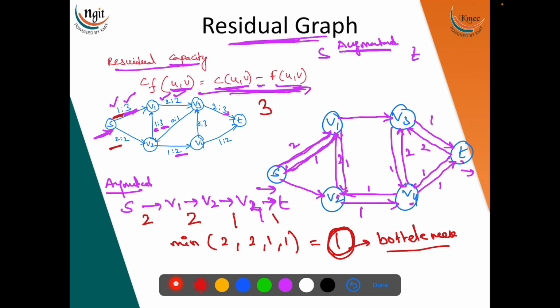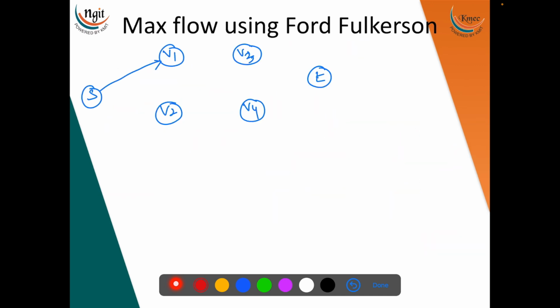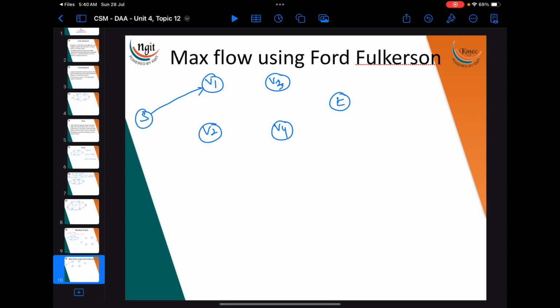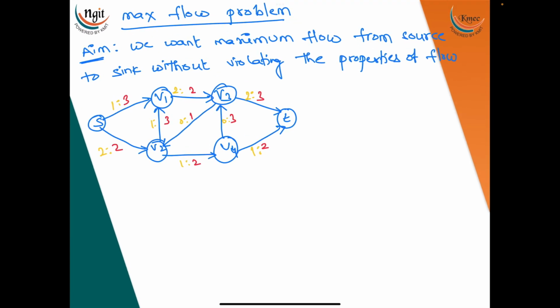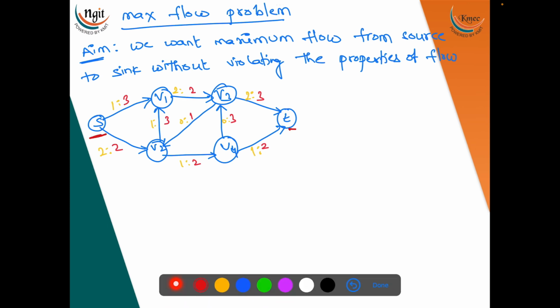The maximum flow that can be achieved through this residual capacity is 1. That means 3 plus 1 is equal to 4. This is how I calculate the maximum flow from S to T using residual capacity. So this is about using residual capacity to increase the maximum flow from S to T. Thank you all.